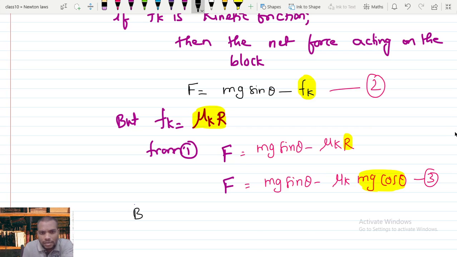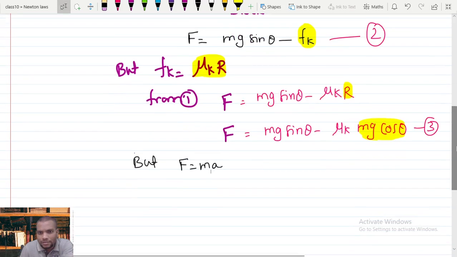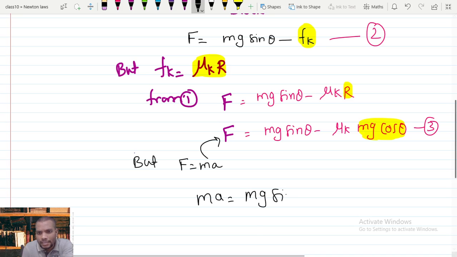But from Newton's law, F equals ma, force equals mass times acceleration. So if you substitute this value here, ma equals mg sin theta minus mu k times mg cos theta.